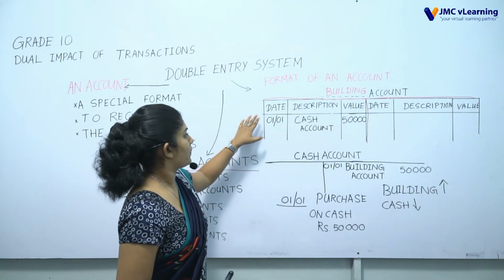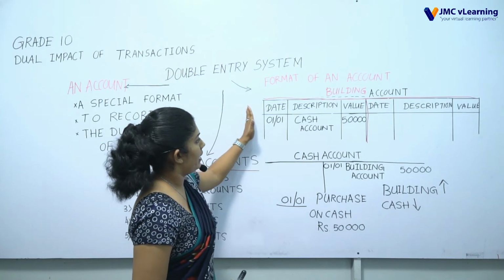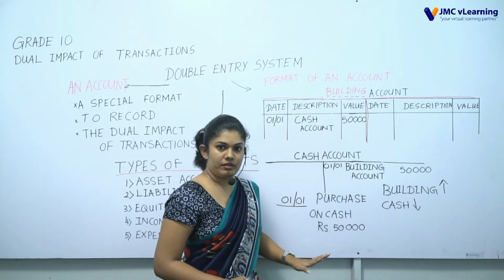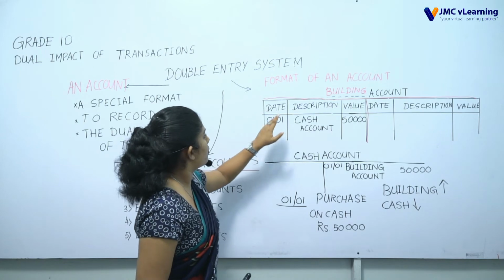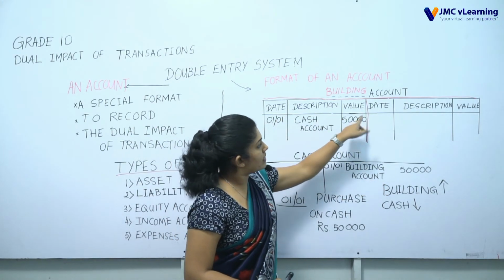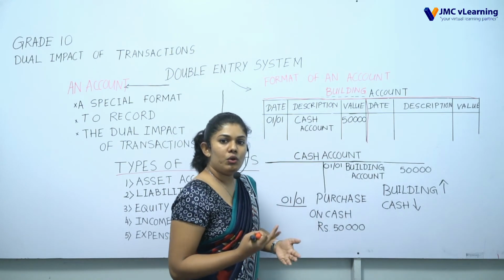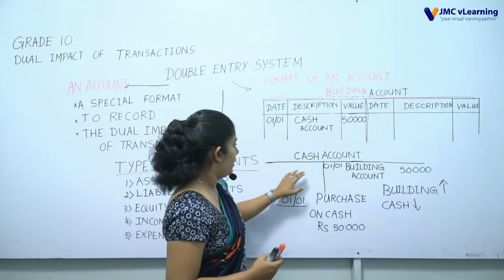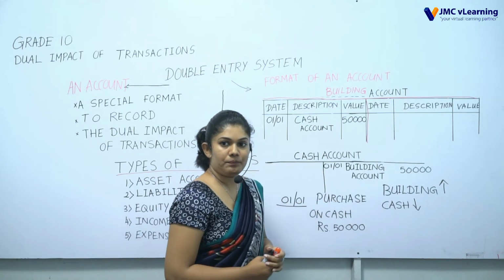Let's say, in this account, you can clearly see there are two sides with the same information. That means same titles. In this side also, left side also, you can see date, description, value. And the right side also, you can see the same things. So, why do we need two things at the same account? In this T shape, the left side also same, right side also same.